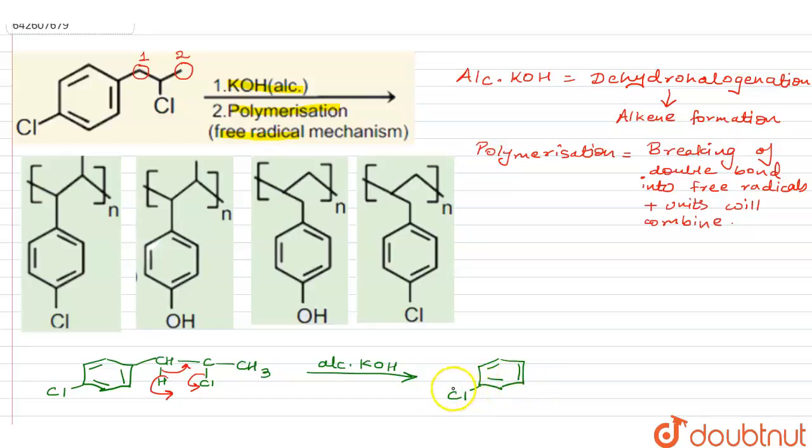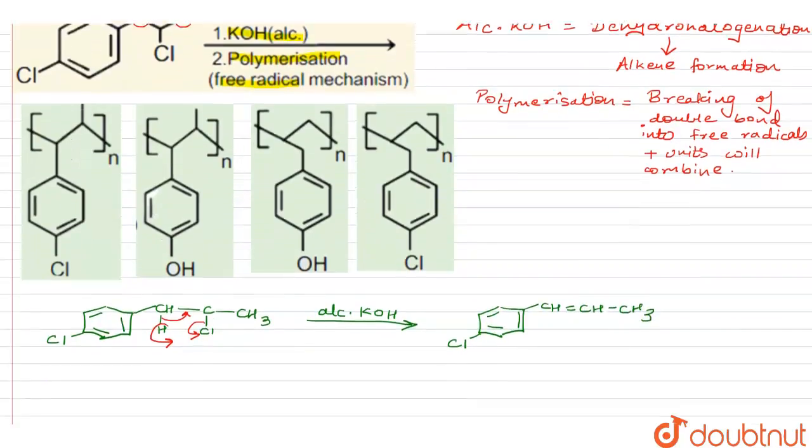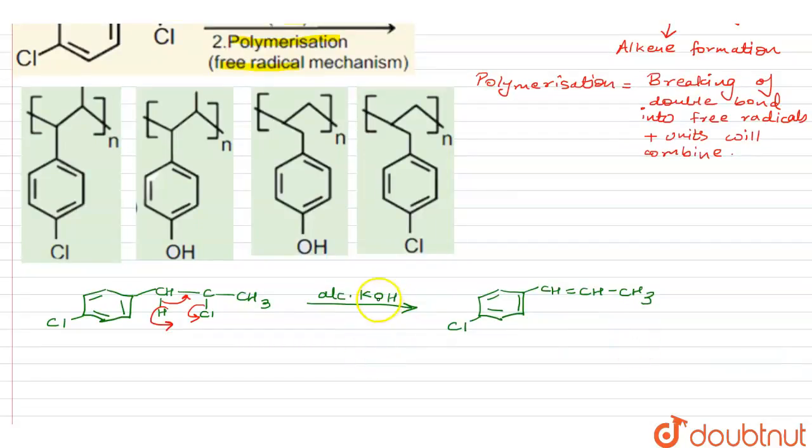So we cannot have the substitution of this chloro group at all. It would remain intact. Other than that, what we get is the formation of an alkene over here. The OH here would be acting as a base and not as a nucleophile. Okay, fine.